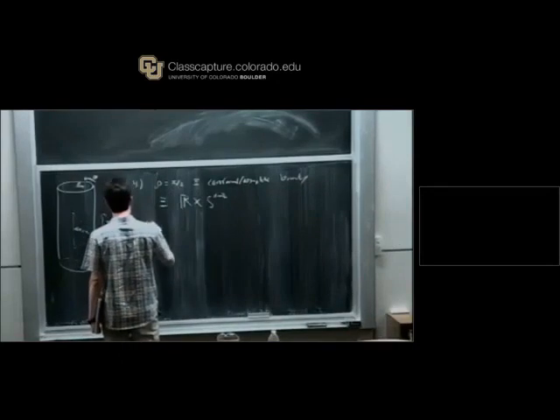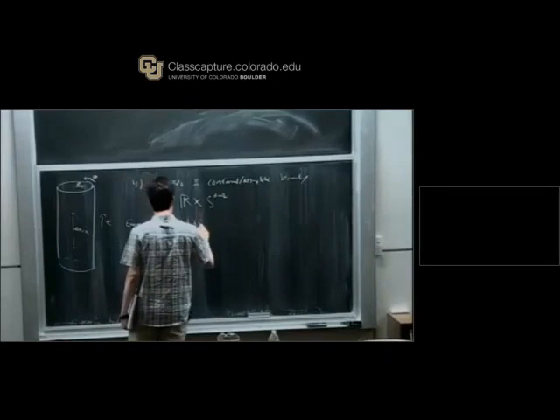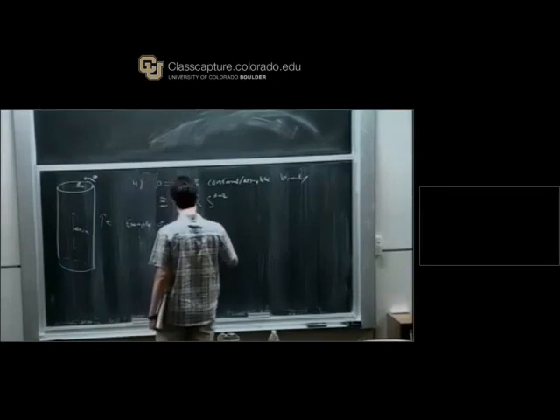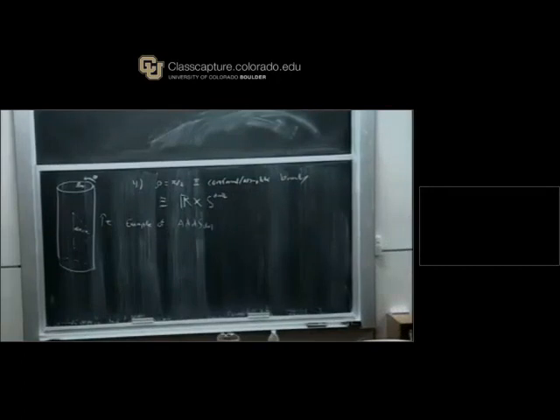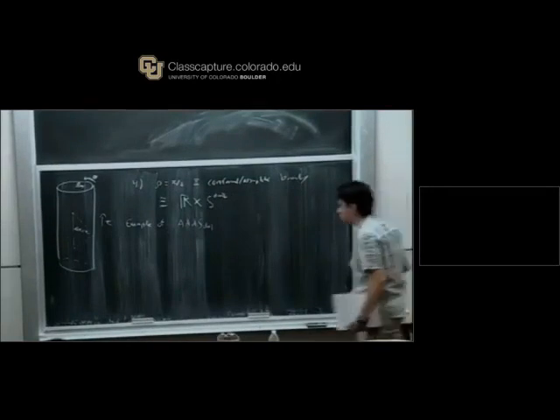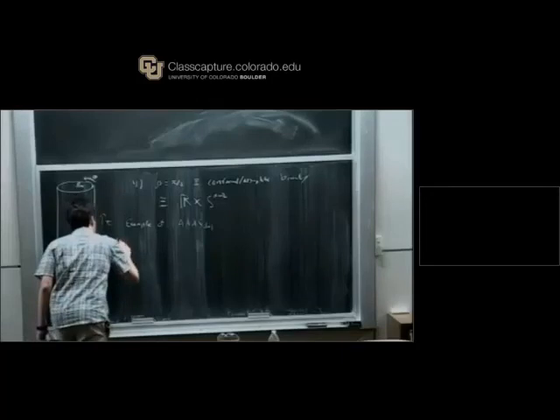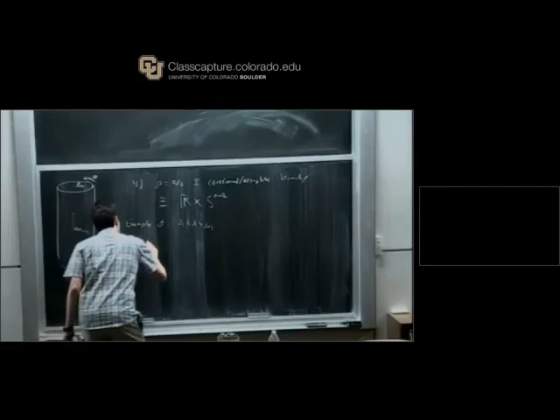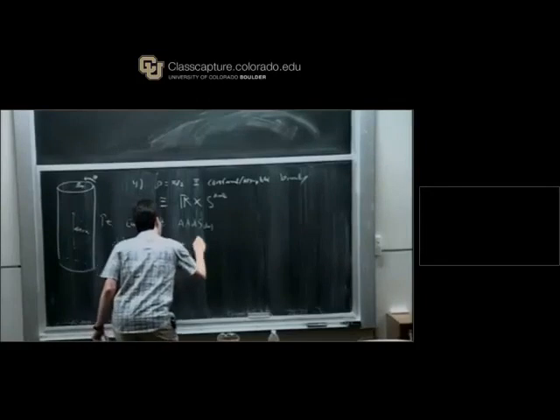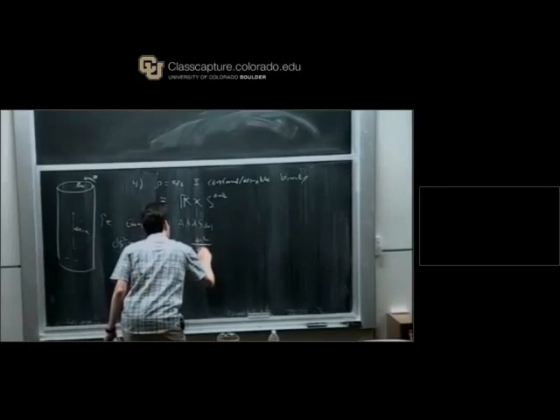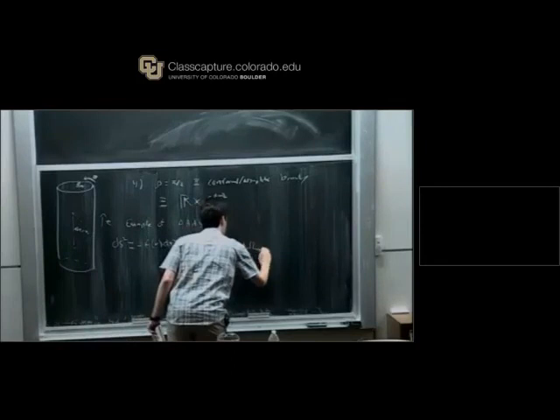So let me give an example of something which is only asymptotically AdS. This will be the AdS Schwarzschild geometry. So now we have some function f of r, dt squared, plus dr squared over the same function f of r, plus r squared d omega d minus 1.